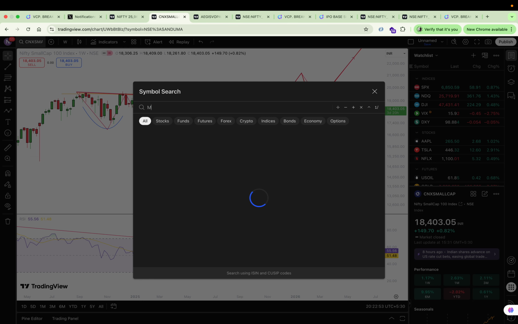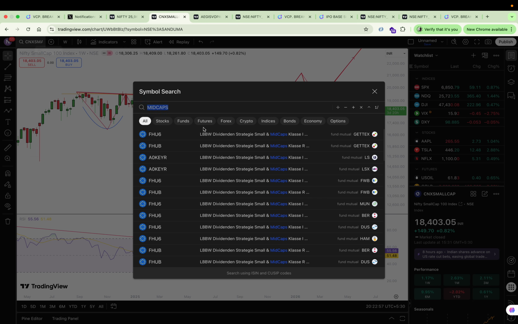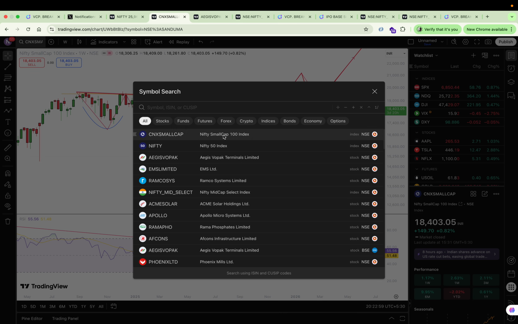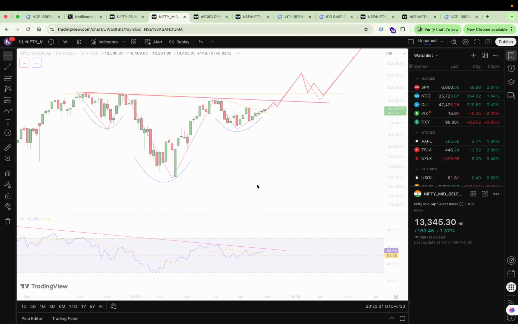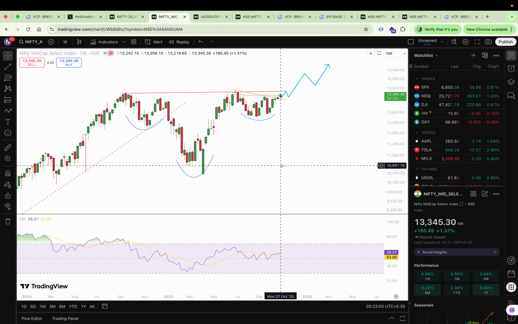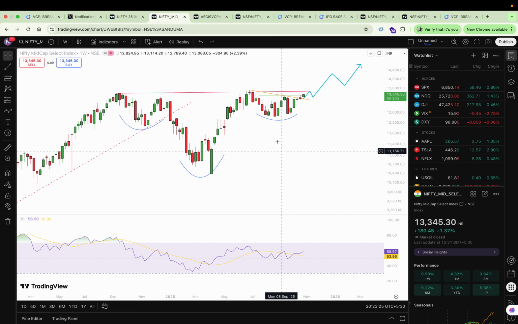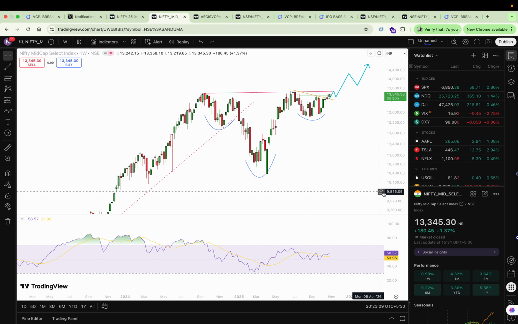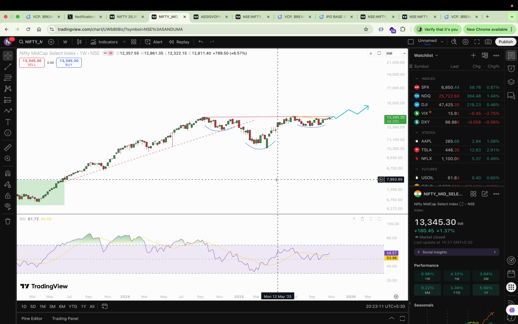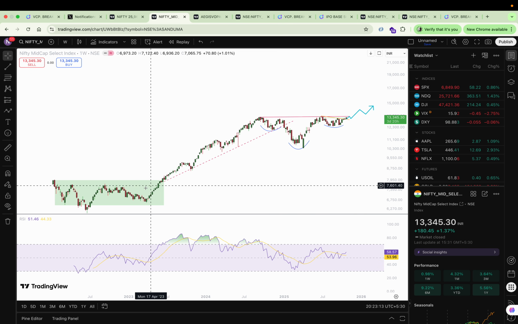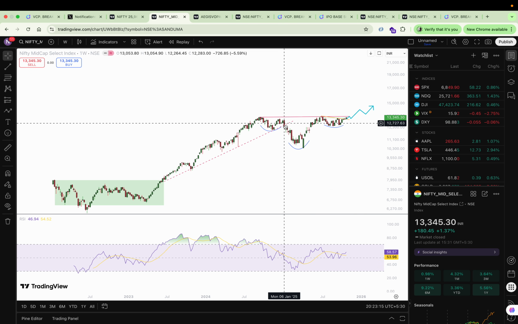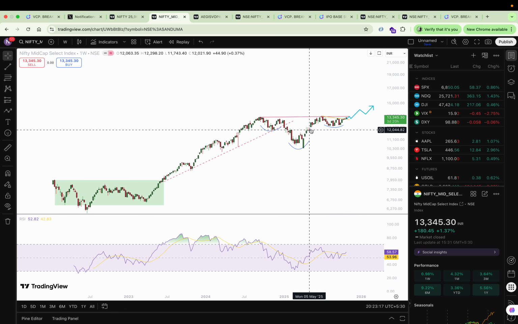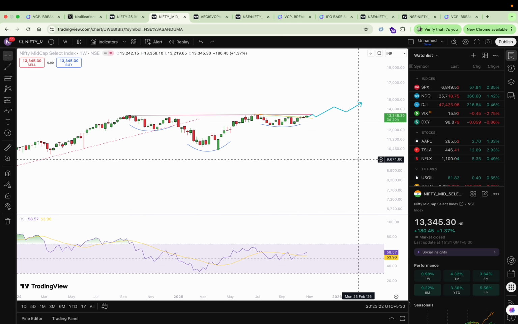Now moving to mid caps. Again in mid caps also we are seeing an inverted head and shoulder pattern. This was the trend, uptrend, then downtrend started, and then this pattern was formed.